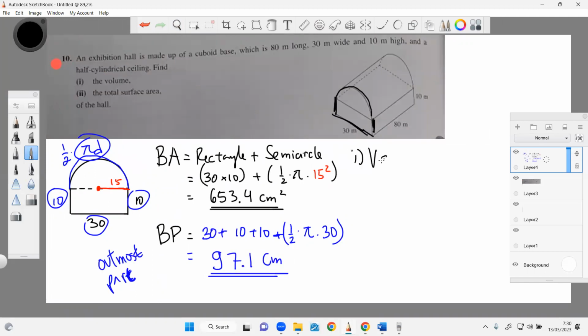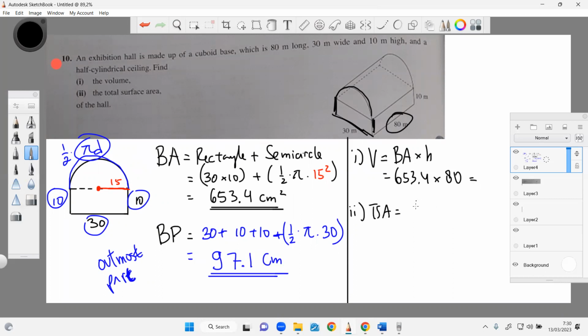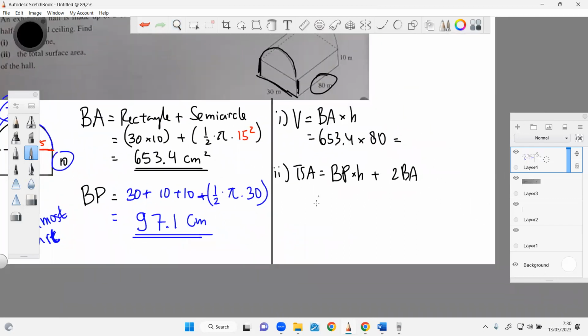Part 1, the volume. If we have everything, it gets very simple. BA times height, right? The height is 80. 653.4 times 80. And second, the total surface area is BP times height plus 2BA. I think we can skip this, guys, because we have everything.